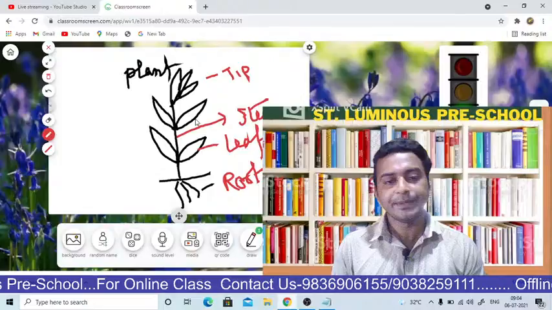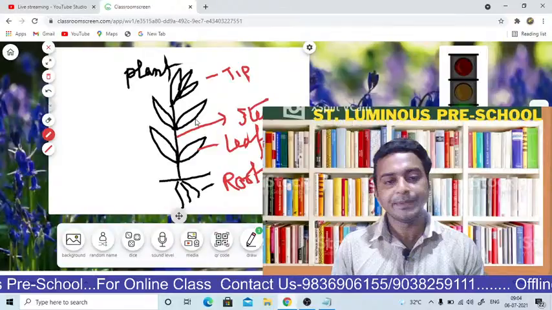Now I discuss the function of the leaf. All of you know, the leaf is the green part of the plant body and photosynthetic. So the leaf is the kitchen room of the plant.